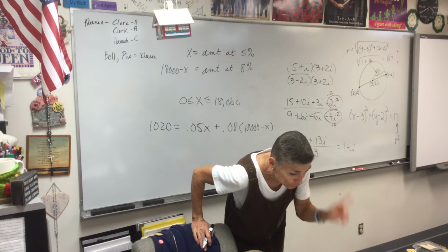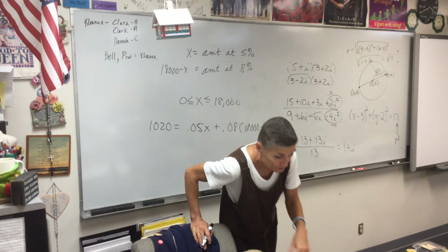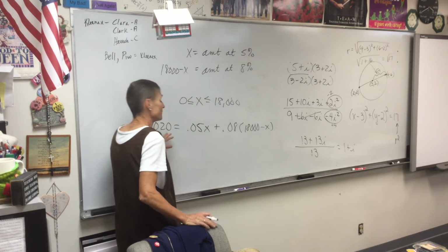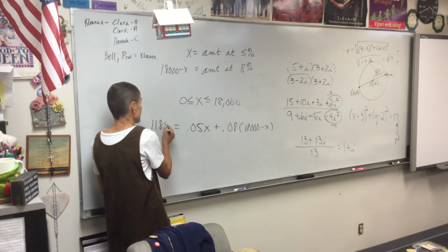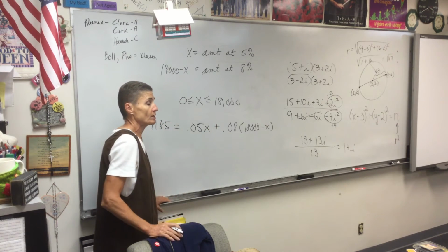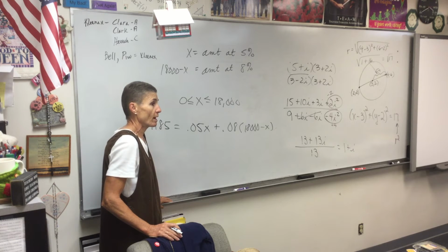And then it says, use your grapher to generate a table of values to find out how much Mary Ellen should invest at 5% to earn $11.85 in total interest for 1 year. Again, you don't even need to do that. If you want to earn $11.85, just solve this equation. That is so much faster than messing around with the graph.